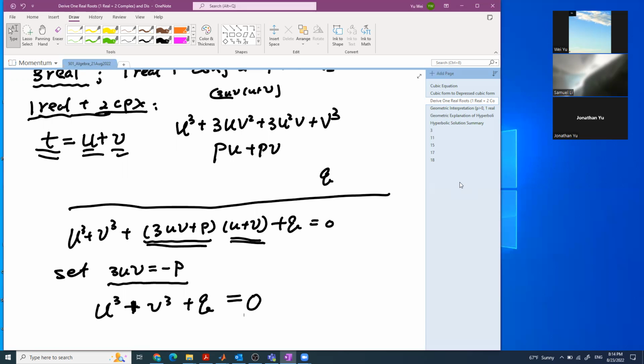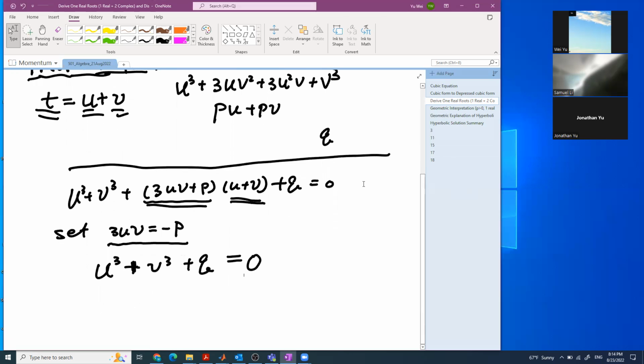Now you need to think about it. We have u cubed plus v cubed equals negative q. How can we use this?